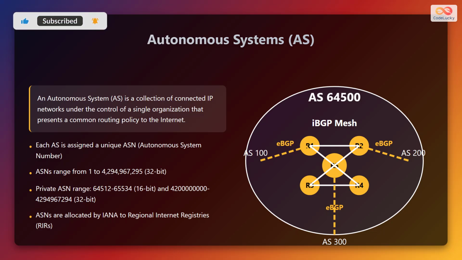Private Autonomous System Number ranges are from 64,512 to 65,534, and from 4,200,000,000 to 4,294,967,294. Autonomous system numbers are allocated by the Internet Assigned Numbers Authority, or IANA, to regional Internet registries, or RIRs.